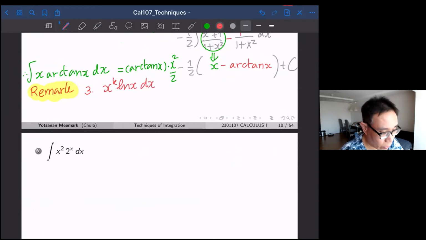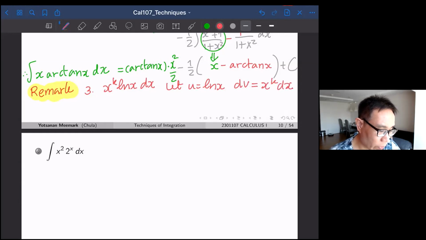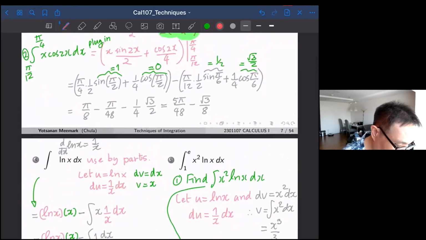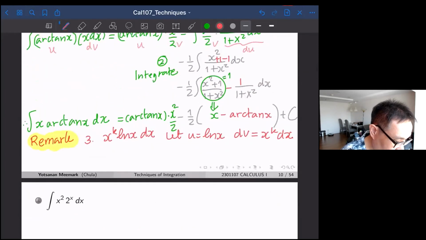You're going to let u be log x and dv be just x to the k dx. This one we have learned from the previous example, from page 8.